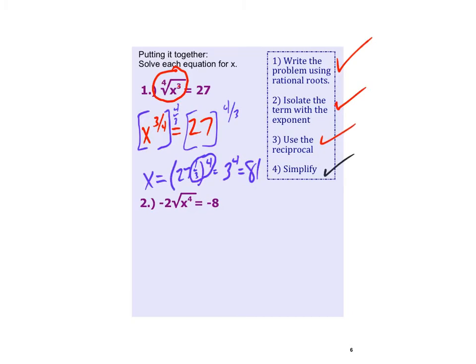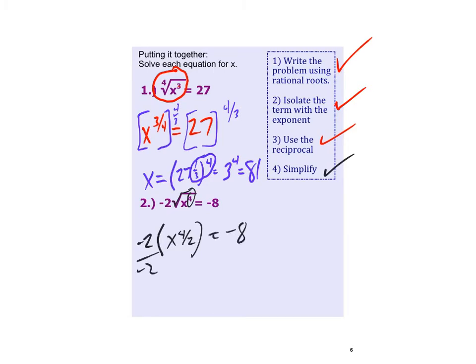So looking at the second one here, in order to write the problem using rational roots, I'm going to put a -2 out front, and then this would be x to the 4/2 there, because we are raising it to the 4th, but then we're also taking the square root. Okay, so it becomes x squared, but what we see there is x to the 4/2, with the root being the half. And we're going to raise that to the -8.